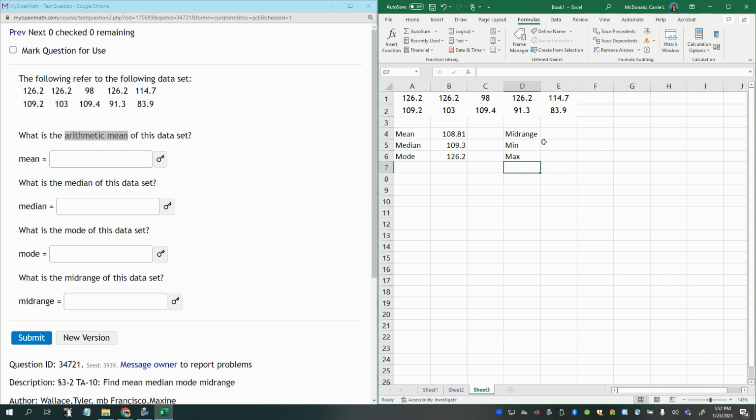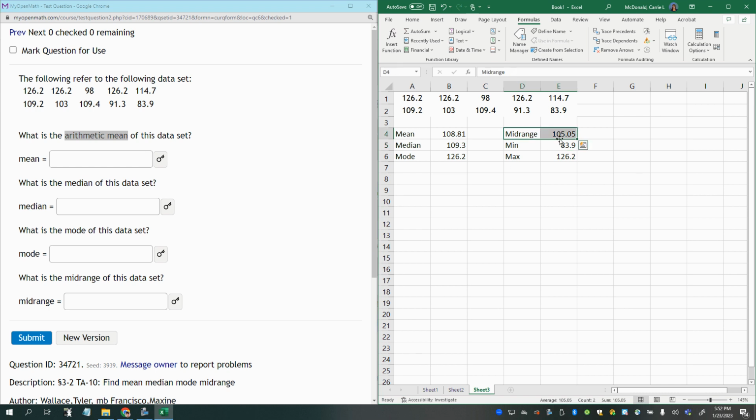So I'm going to use equals min to get the smallest number in my data set, then max, which is the largest number in my data set, and then I'm going to average to find the middle point. So adding them and dividing by 2 gives you a midpoint. A midpoint is just the average of your 2 endpoints. So now I have my mid-range.